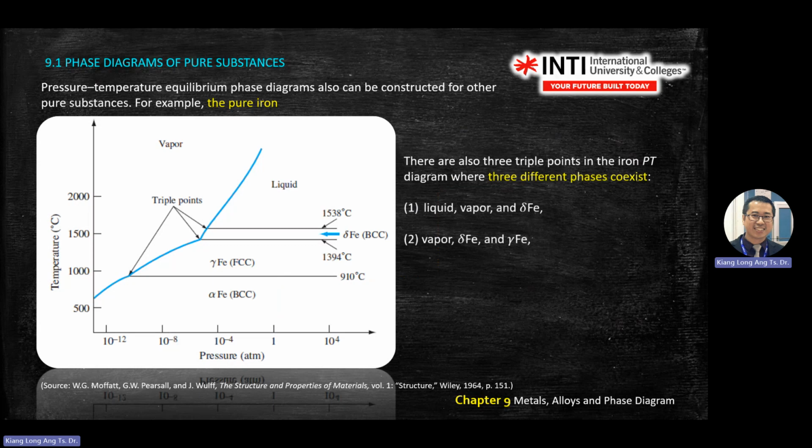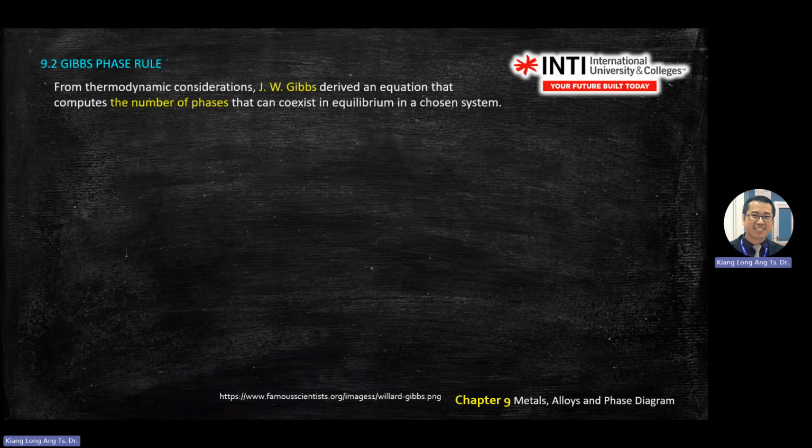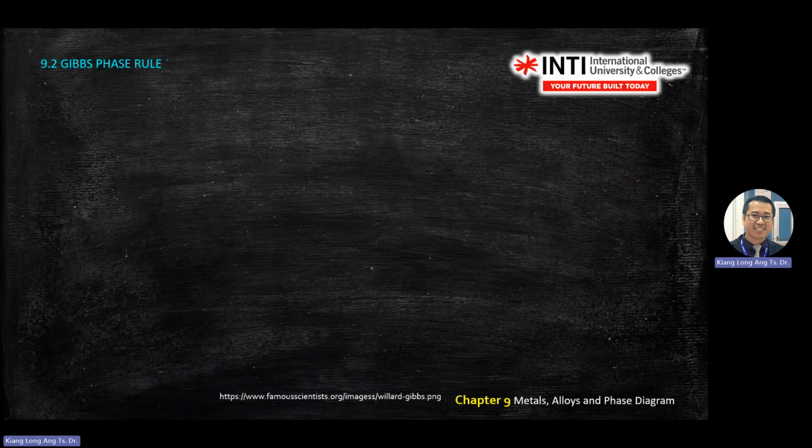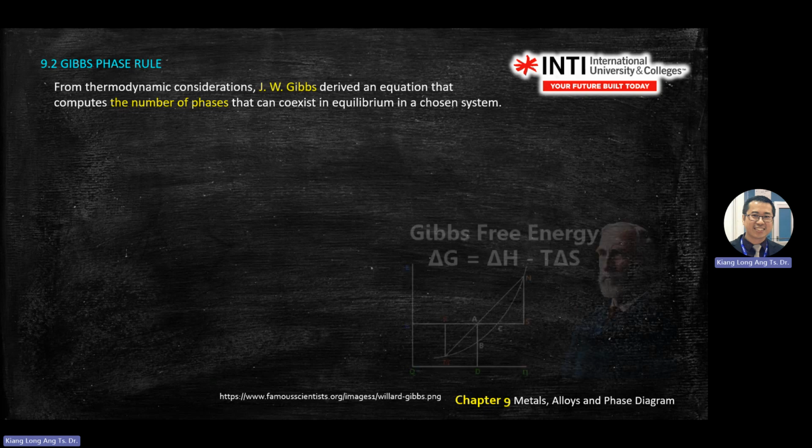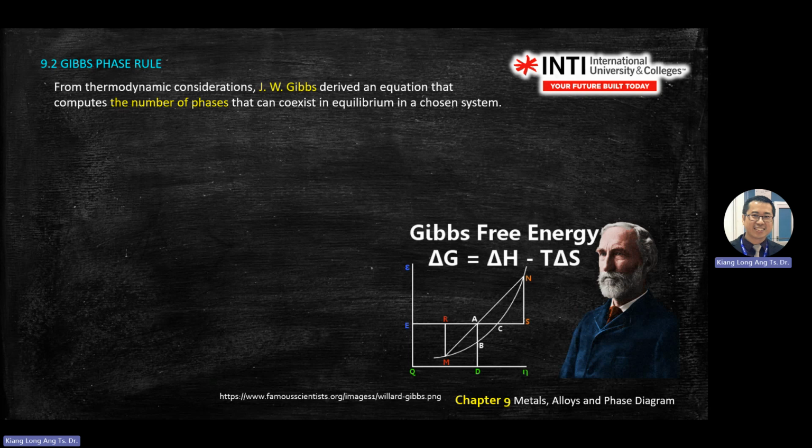Triple point, we already mentioned, right? Then we go into a mathematical model to calculate how many percent of liquid or solid is inside at that particular pressure and temperature. The mathematical model is called the Gibbs phase rule, by this person, Gibbs.